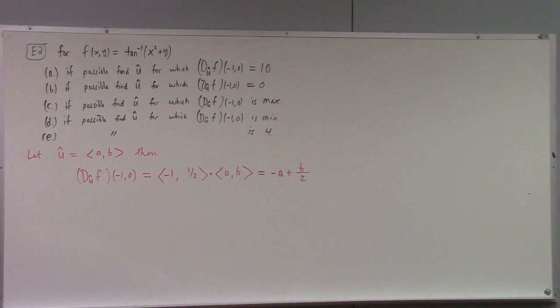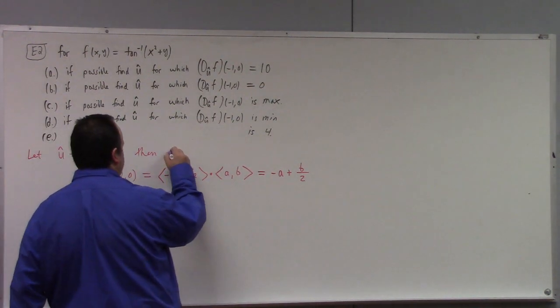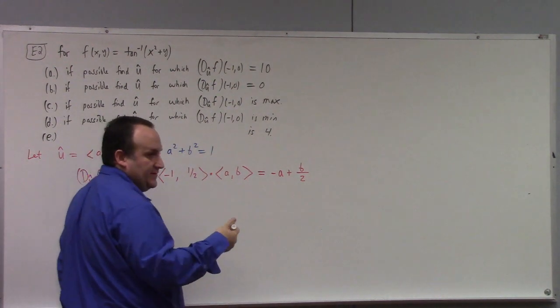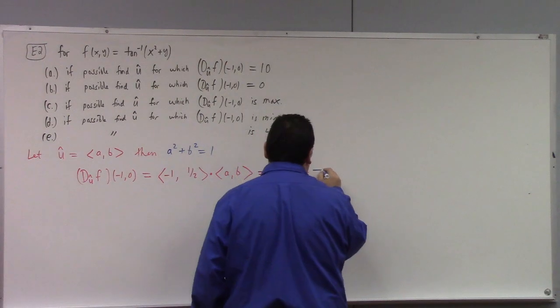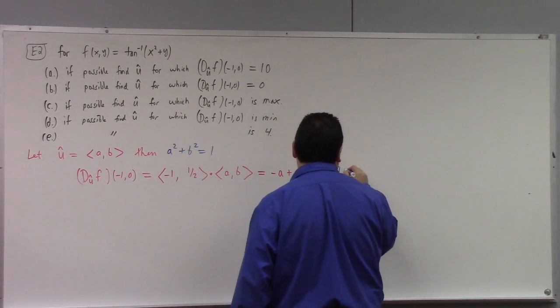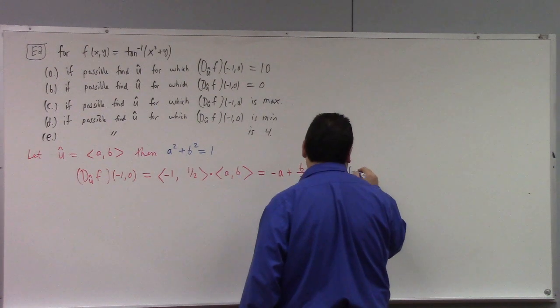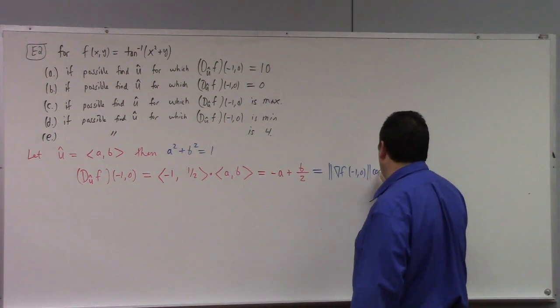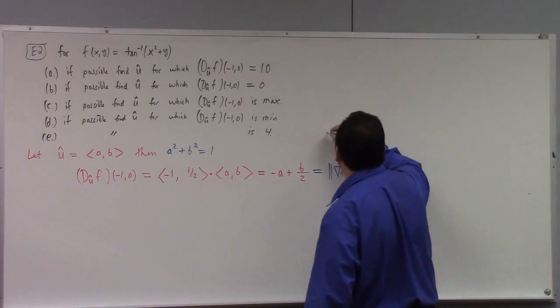That is true, not what I was looking for, but fair enough. a squared plus b squared does have to be equal to 1, it's a unit vector. But there's something else, right? Which is that this is equal to the magnitude of the gradient vector of f at the point minus 1, 0, times the cosine of the angle.